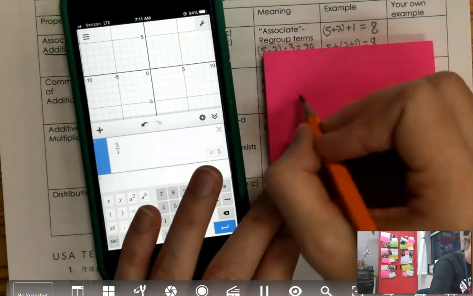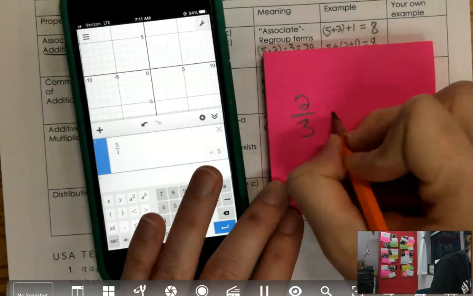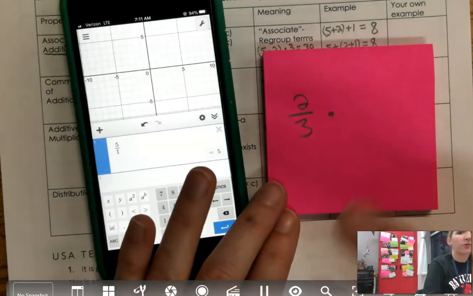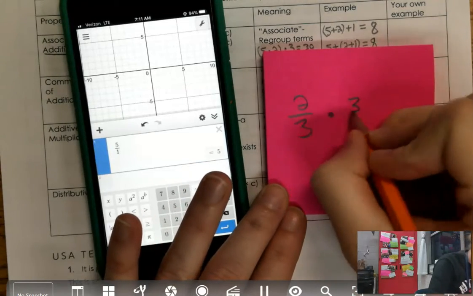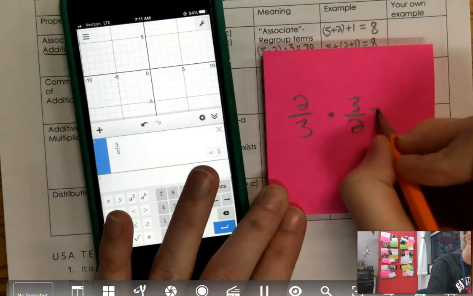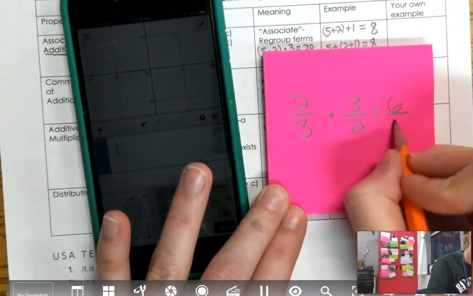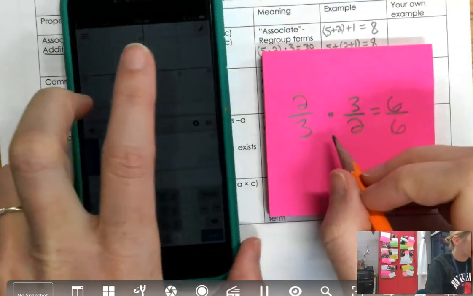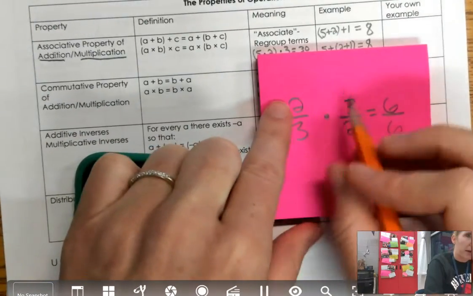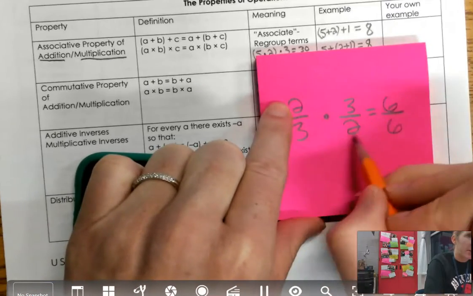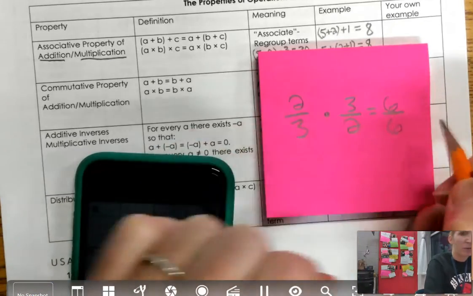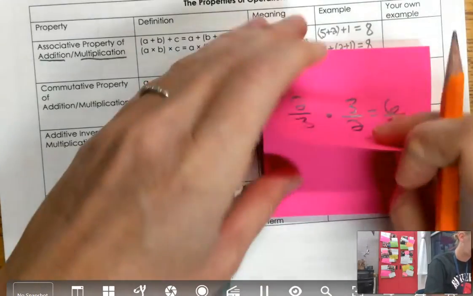All right, so if I had the fraction 2 over 3, I would just flip it to get the multiplicative inverse, 3 over 2. 2 times 3 is 6. 3 times 2 is 6. So look, we're using commutative property, right? The order doesn't matter. They're both going to give me 6, which is the same thing as 1.